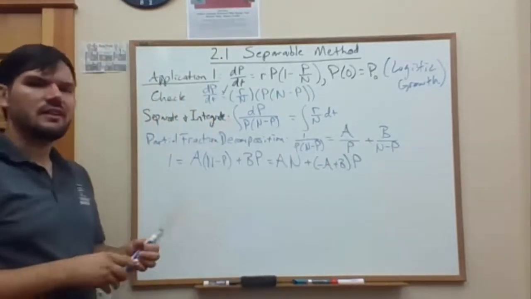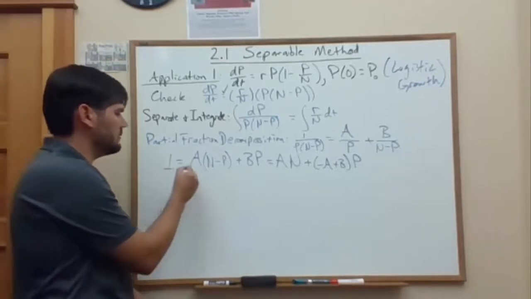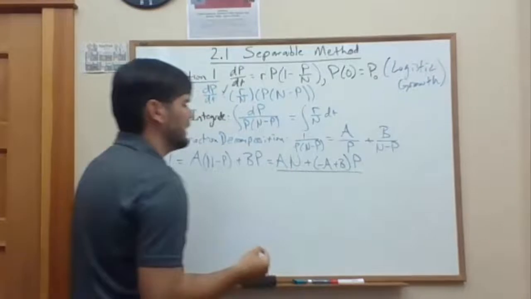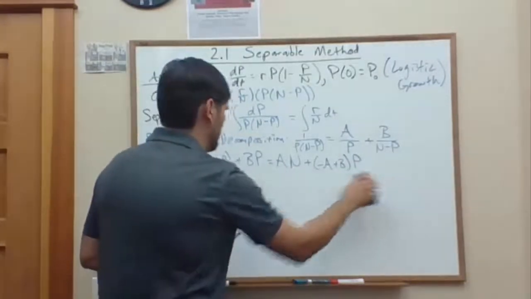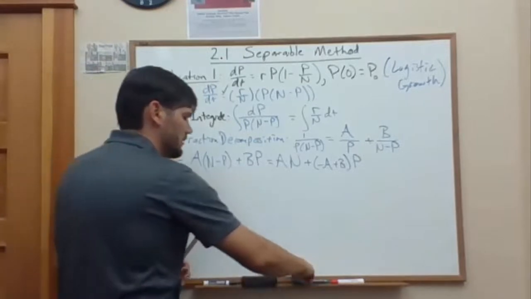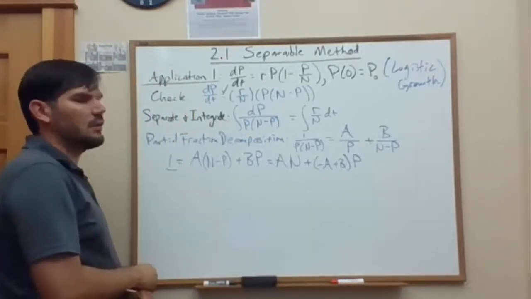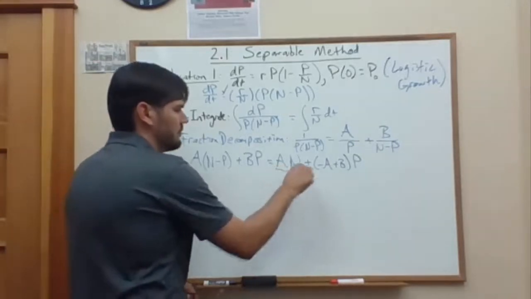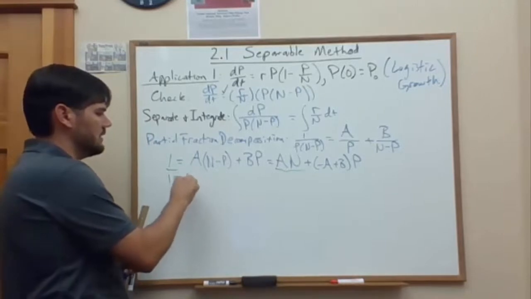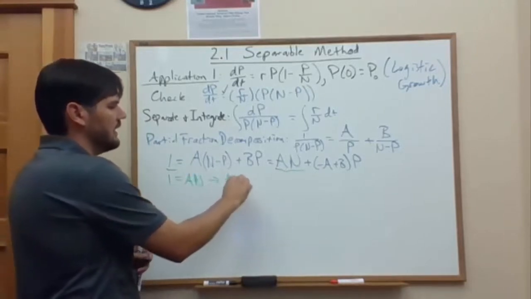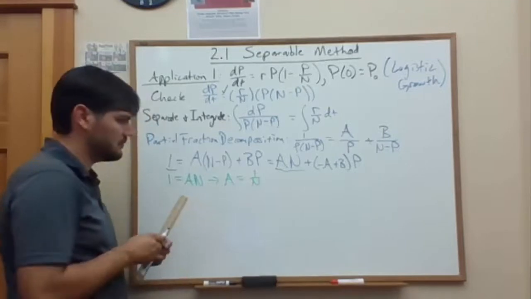Okay, so now to solve this one equation, I look at the powers of P on both sides. First, I look at the constants. What are the constants on the other side? AN. So that means 1 is equal to AN, or A is equal to 1 over N. Again, N is a parameter, it's a constant.